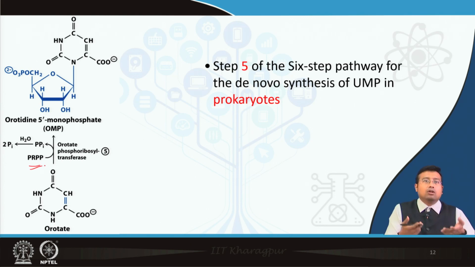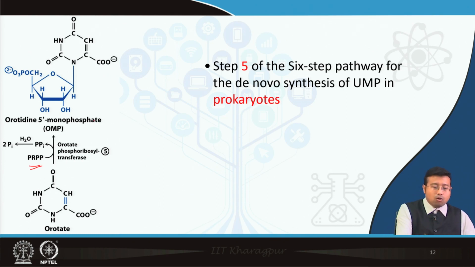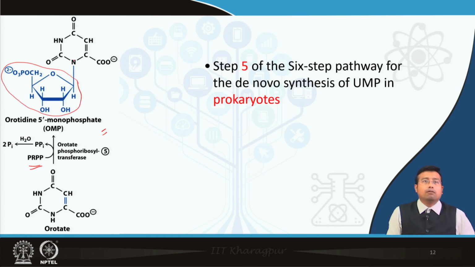So, the enzyme is orotate phosphoribosyl transferase, and it forms OMP, orotidine 5'-monophosphate. Basically, the entire ribose phosphate molecule has been attached to the ring, and PRPP gets converted to pyrophosphate, PPi, which again hydrolyzes to form 2 molecules of inorganic phosphate.